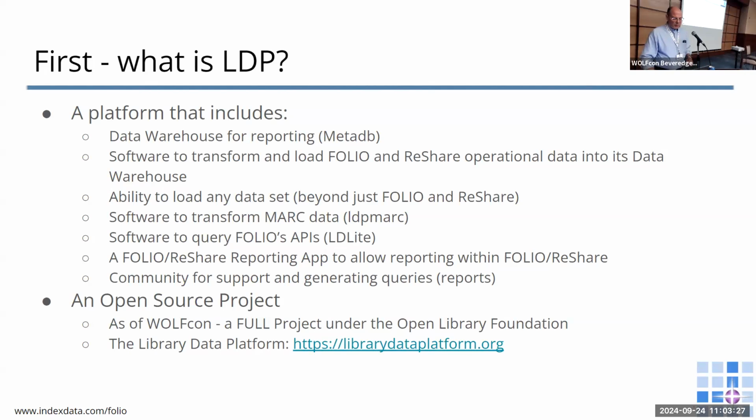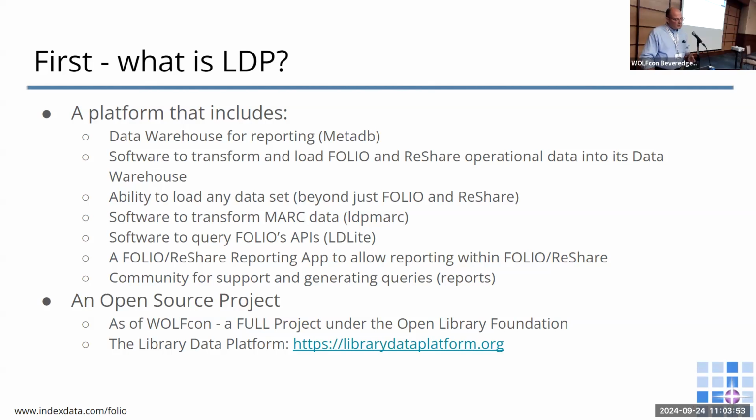So we're going to start with what is LDP, and it's actually many things. There's a data warehouse for reporting, which now is MetaDB. So MetaDB is a piece of software that primarily serves as the data warehouse for reporting. There's also software that's been built that allows you to transform and load data from FOLIO, as well as reshare.